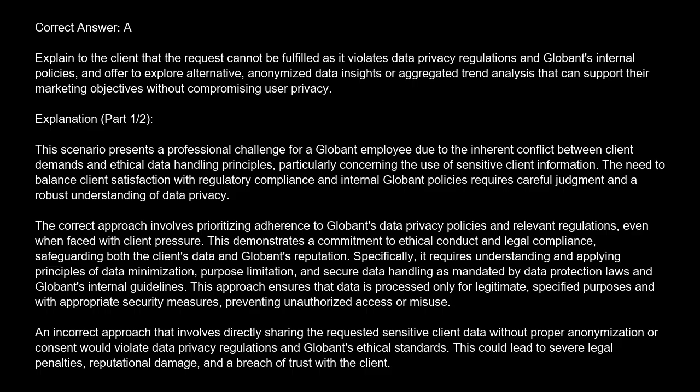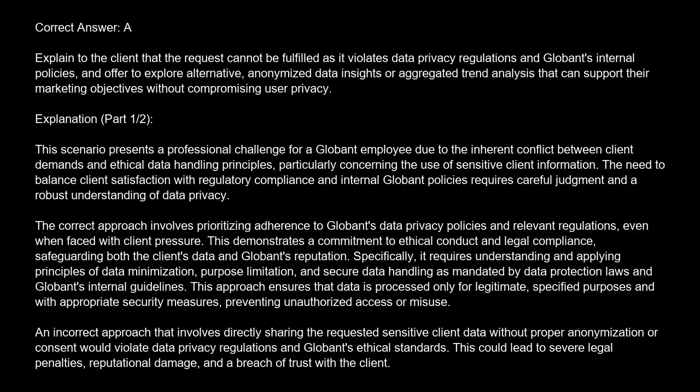demands and ethical data handling principles, particularly concerning the use of sensitive client information. The need to balance client satisfaction with regulatory compliance and internal Globant policies requires careful judgment and a robust understanding of data privacy. The correct approach involves prioritizing adherence to Globant's data privacy policies and relevant regulations, even when faced with client pressure.